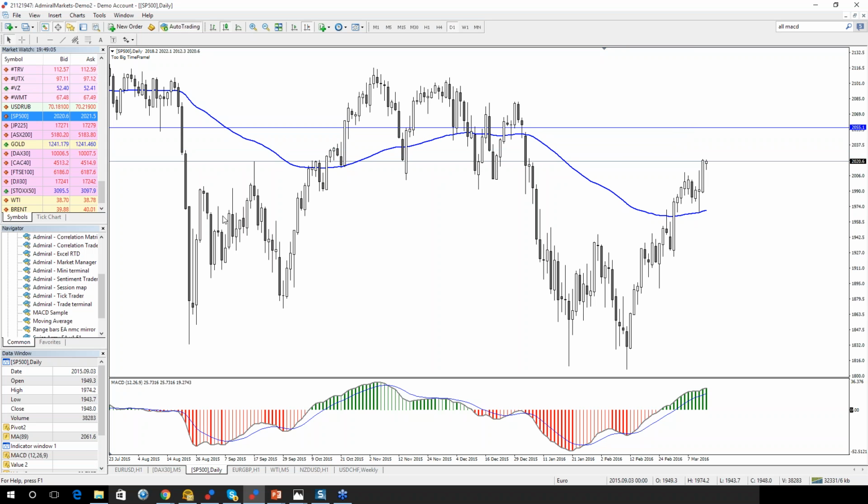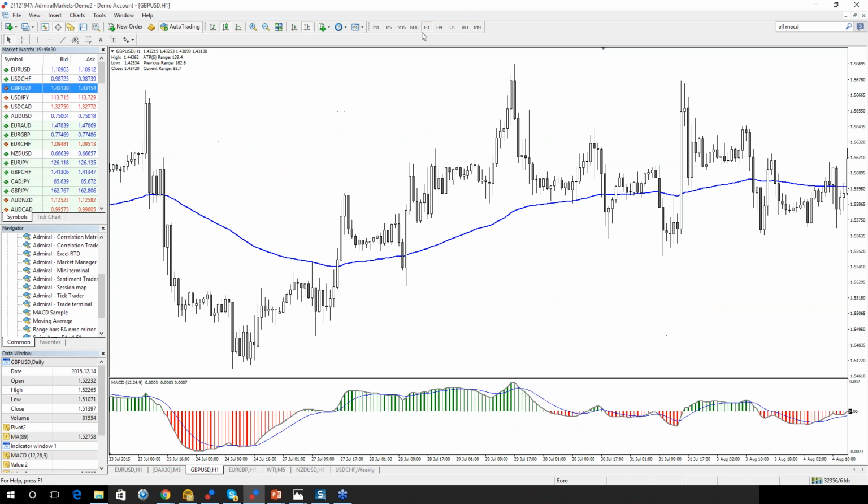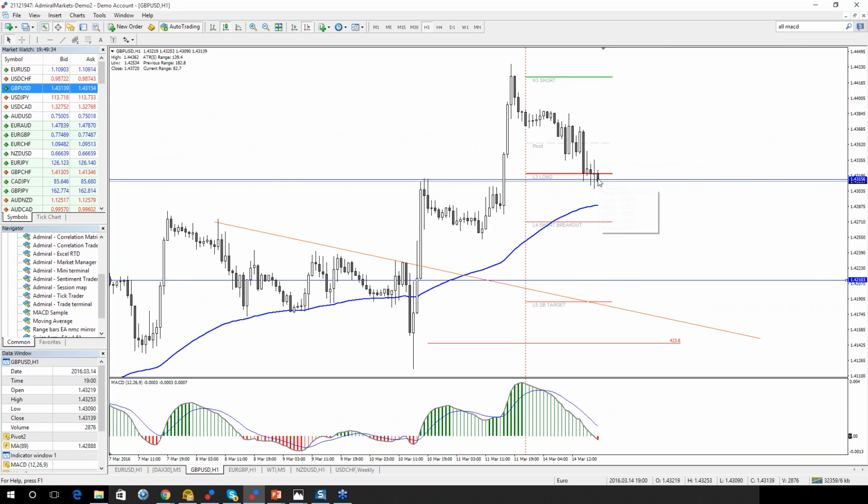Yes, it could be, because historically this region has been providing rejections. So yes, it could be. But be careful, because we don't know what the statement will have in it and how the market will react. So be careful. Yes, pound dollar could be scalping. So 43.15 possible scalps.